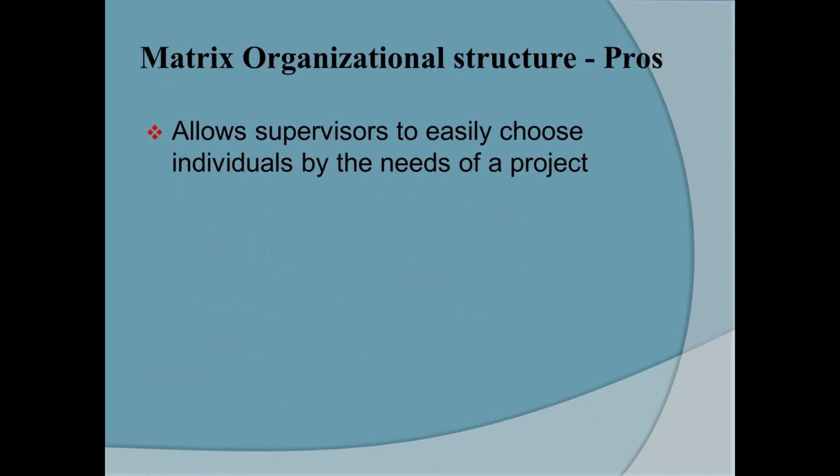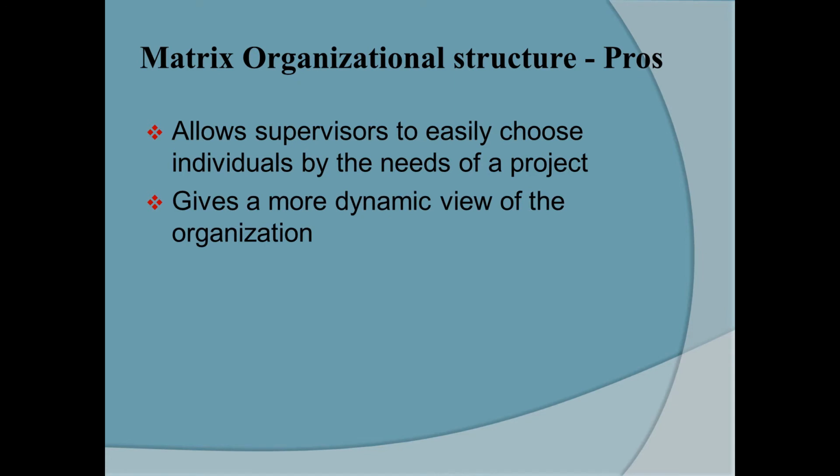So what would be the advantages? It allows supervisors to easily choose. They can pick among the individuals by the needs of a project. It gives a more dynamic view of the organizational structure. Why?